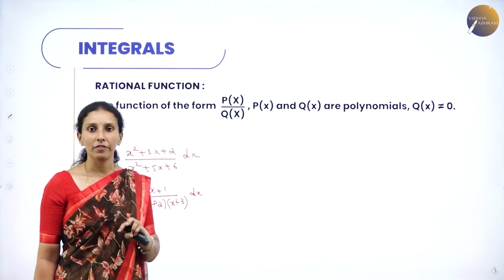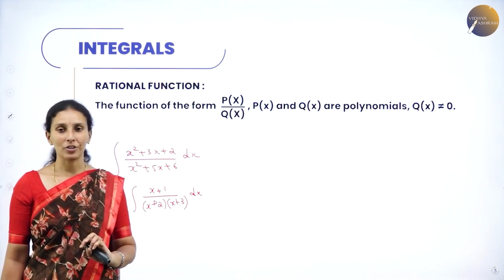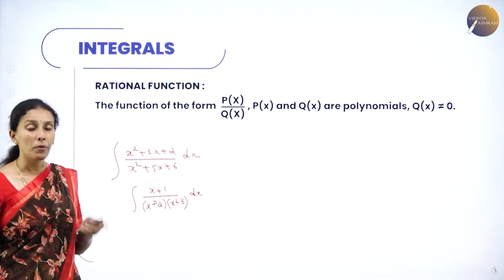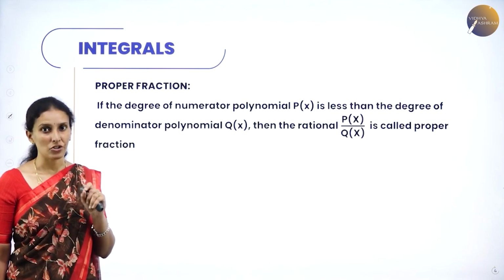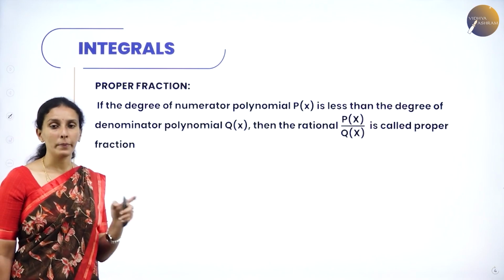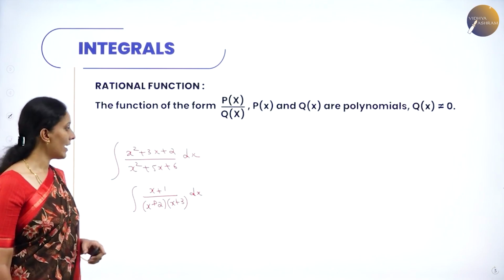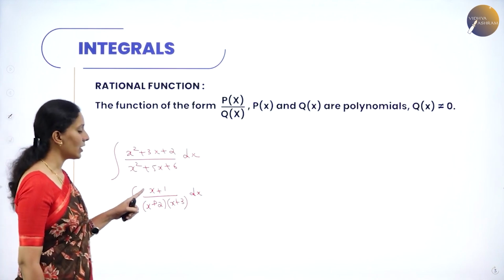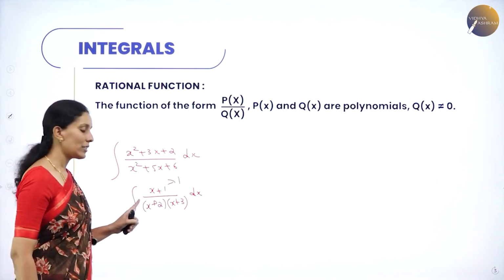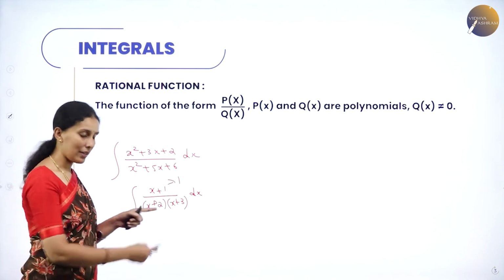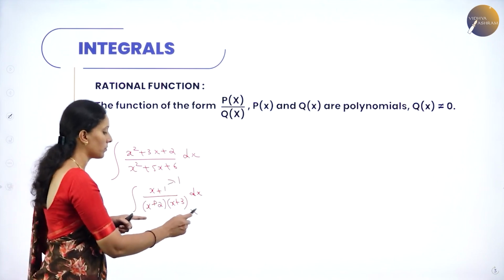So in rational functions there exist two types: one is a proper rational function, another one is an improper rational function. What is this proper and improper? Look at the examples I have taken. Here, what is the degree of x plus 1? It is 1. What is the degree of x plus 2, x plus 3? When you multiply, it becomes 2.